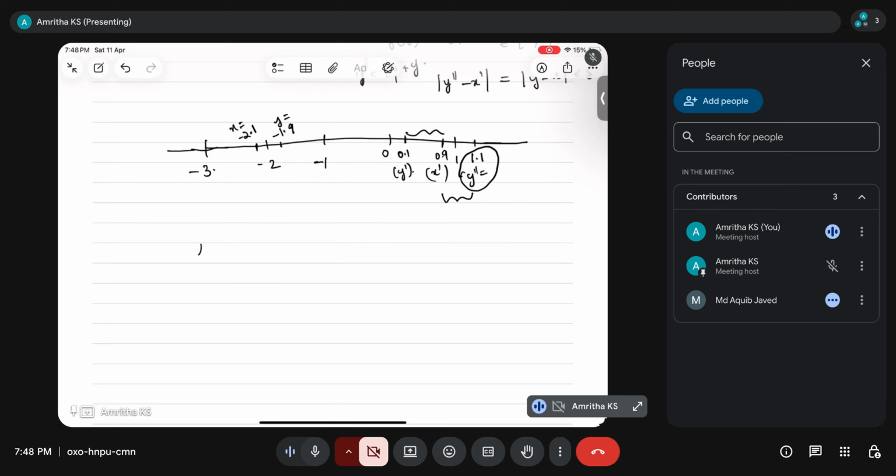F is defined on 0 1, continuous, but nowhere differentiable on 0 1.